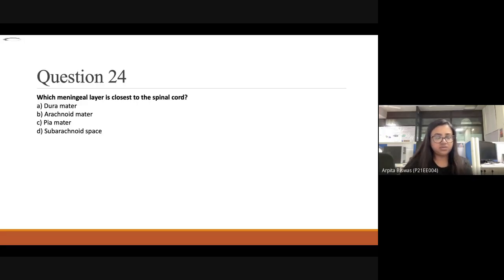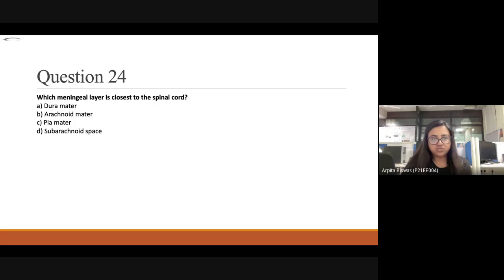So please go through the question carefully and try to find out the right option. Which meningeal layer is closest to the spinal cord?